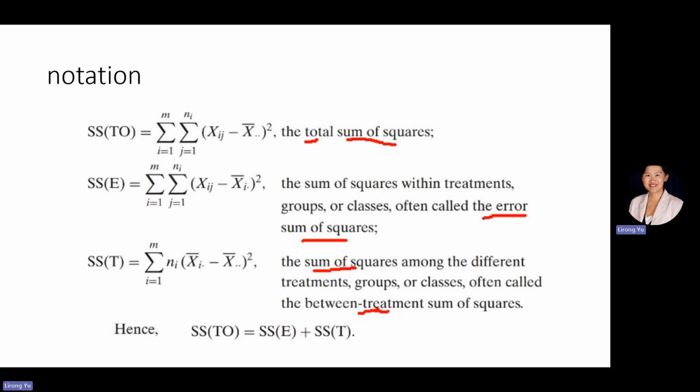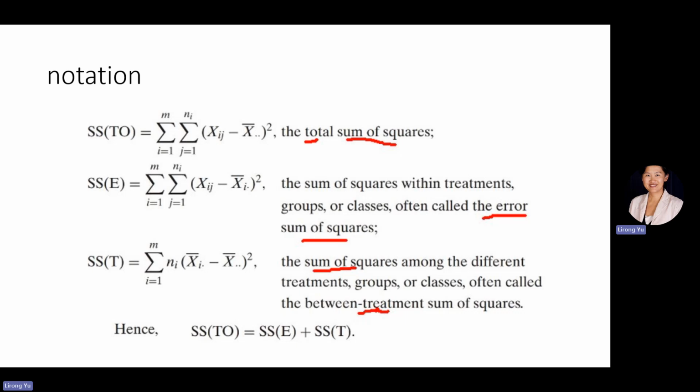SST is also the sum of squares among the different treatments, among the different groups or classes. SSE is the sum of squares within the group, or sometimes called the sum of squares of the errors. You see that subtraction there: the individual data point minus the mean within the group is the error term within the group.